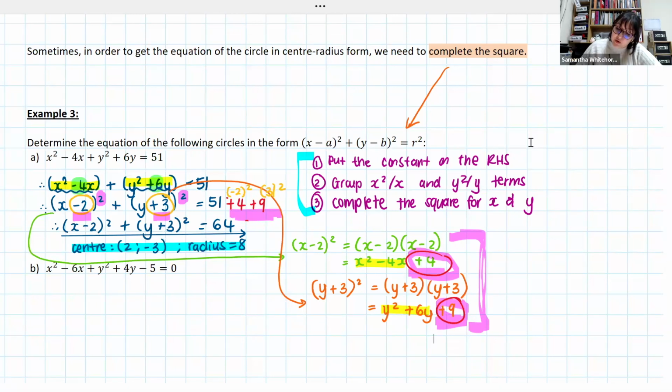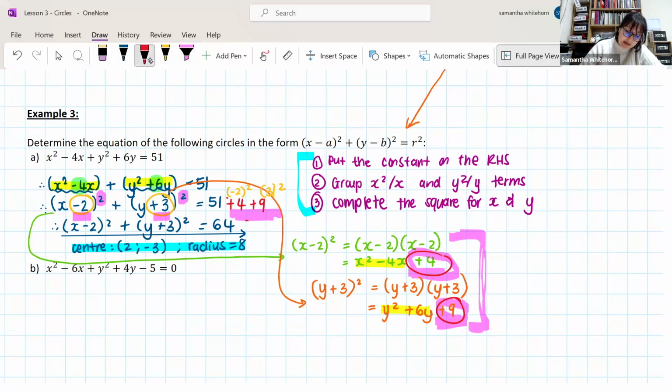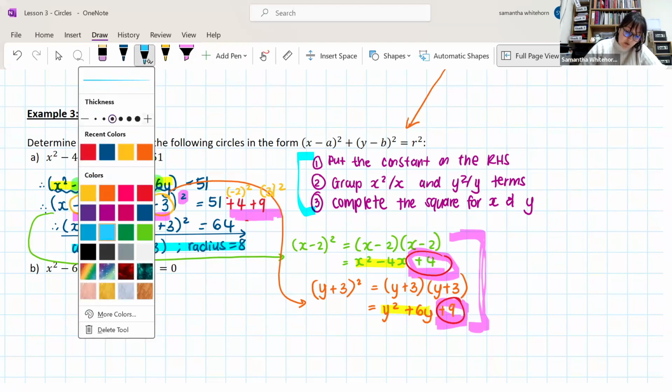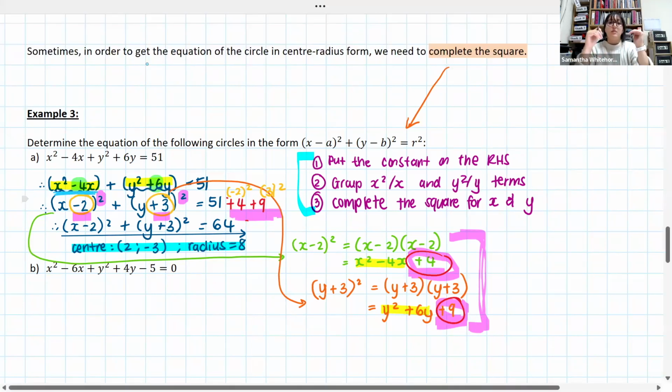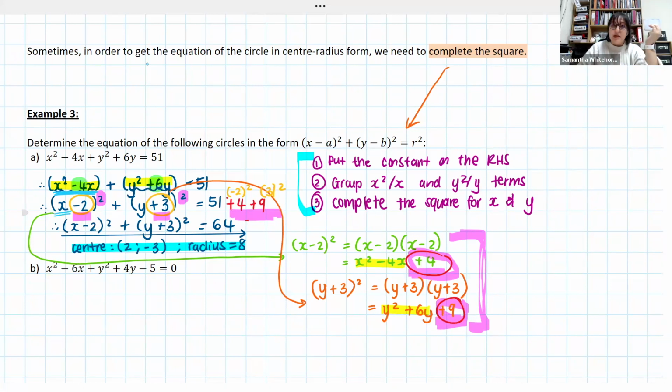So there's a question of what did I say about finding the +4 and the +9? Okay, so I'm just going to repeat that quickly, guys. Remember, what we have done is to go from x squared minus 4x to a bracket squared: x times x gives me x squared. And then the trick is I take the coefficient of my x and I halve it.